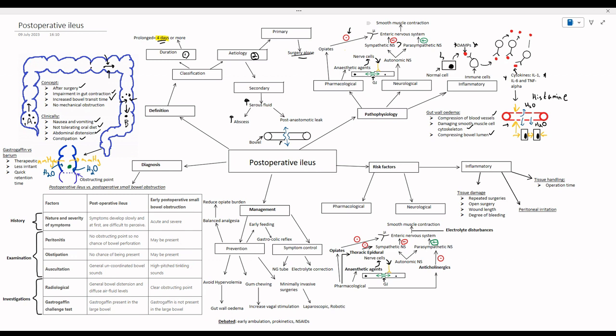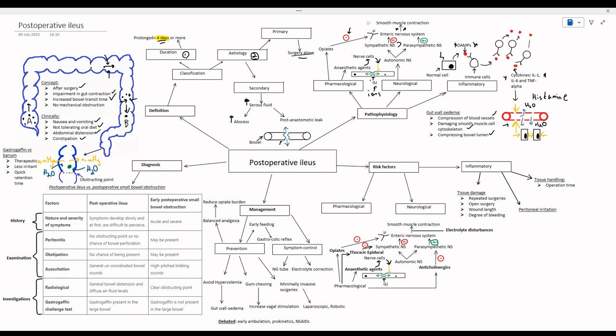Additionally, anesthetic agents can also be implicated in the generation of postoperative ileus. This is because they can affect the ability of the enteric nervous system to cause smooth muscle contraction, so they affect at this point. And anesthetic agents work by interfering with the transmission of ions through nerve cell membranes. Now, the colon cells themselves lack gap junctions, and gap junctions allow the flow of ions between the cells.